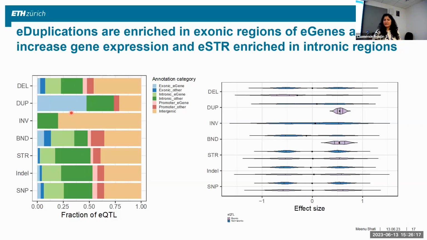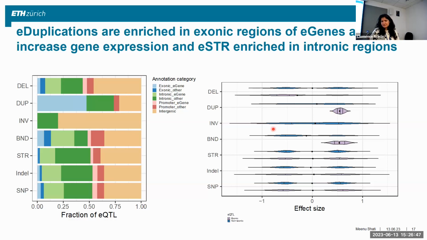And not only that, duplications present in exonic regions are also increasing the expression of genes, which is also correct based on our assumption: if a gene is duplicated, the chances are higher that it will be expressed more. And this could be because of multiple mechanisms, either because the whole gene is duplicated, or other splicing, which also increases the expression of these variants.